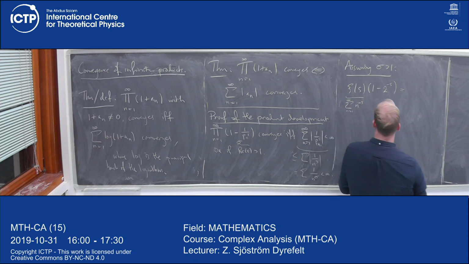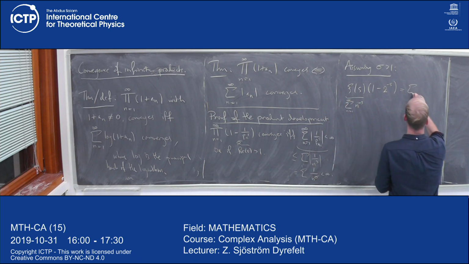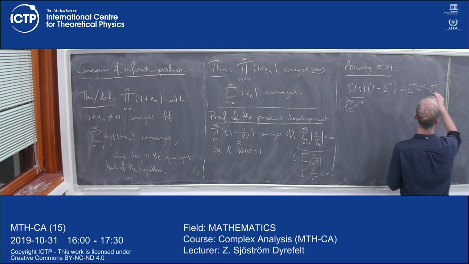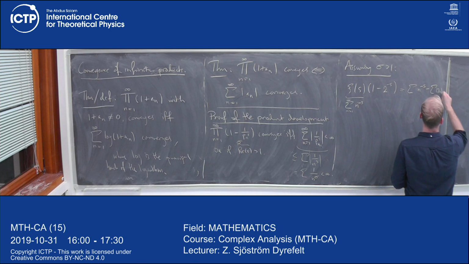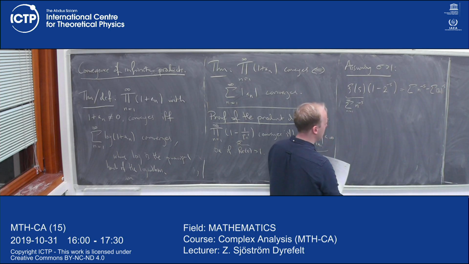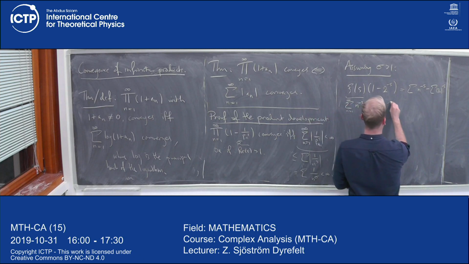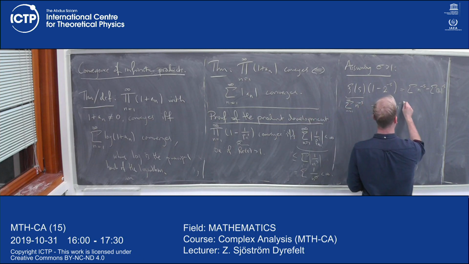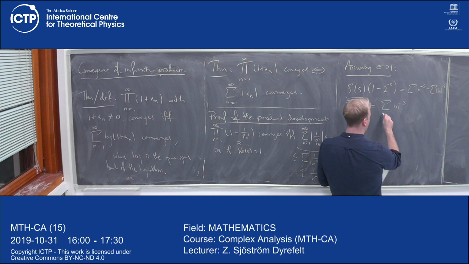Okay? So this is equal to the sum of n to the minus s minus the sum of 2n to the minus s. So this is actually the sum of n to the minus s, where n is what?